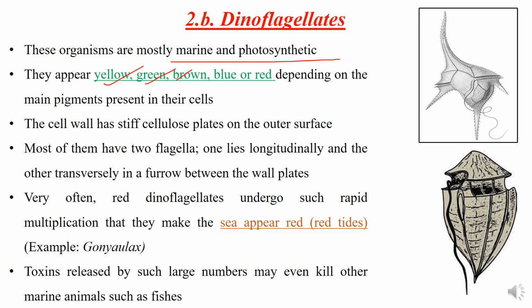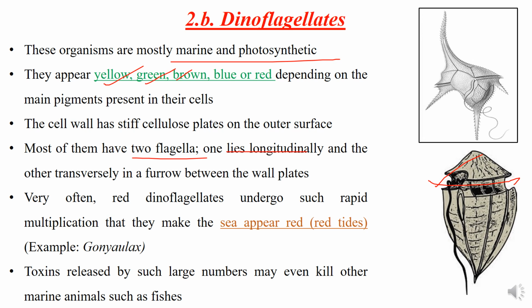The cell wall has stiff cellulose plates on the outer surface. Most of them have two flagella. One lies longitudinally and the other transversely in a furrow between the wall plates.